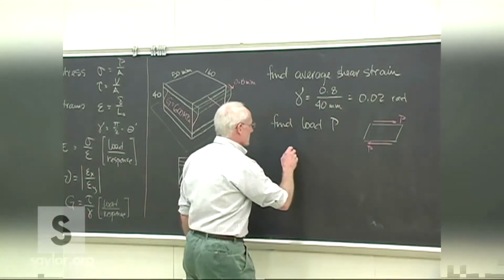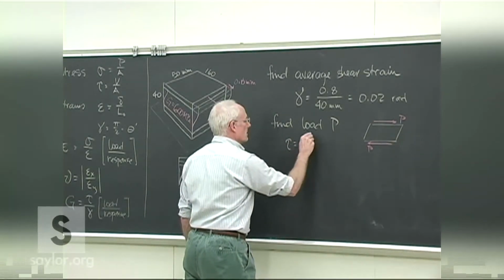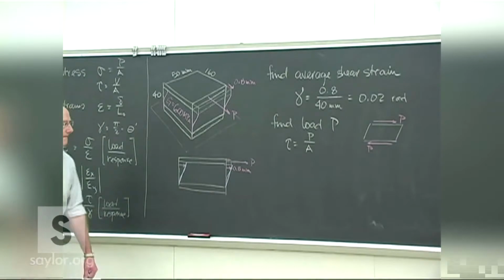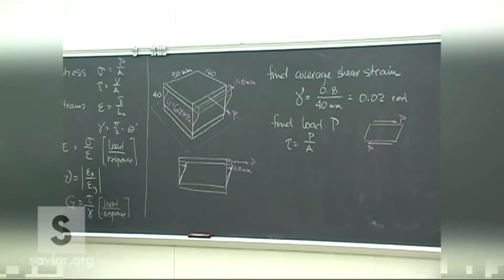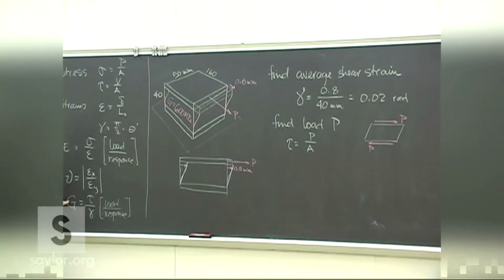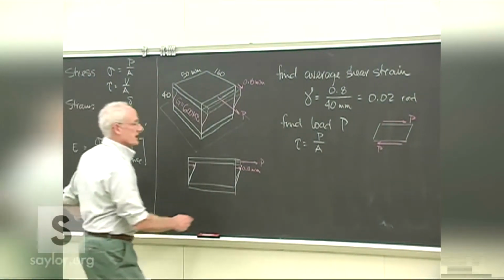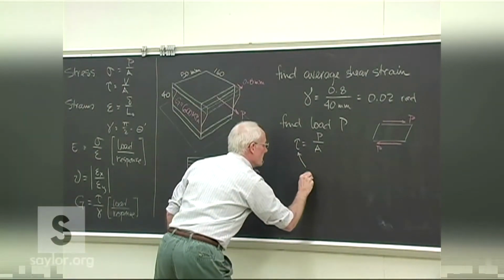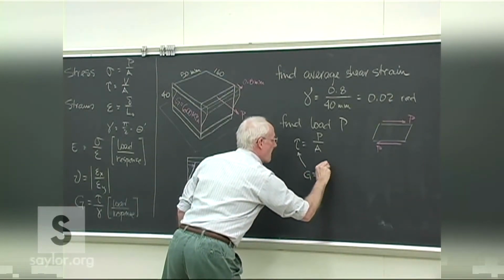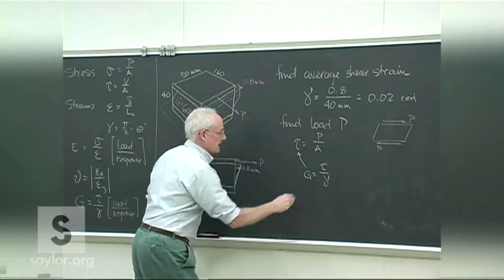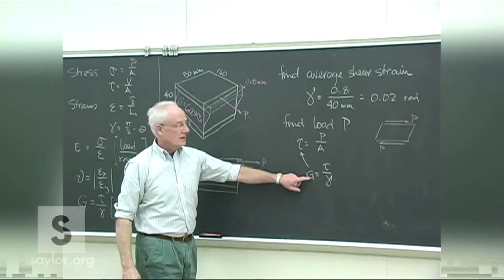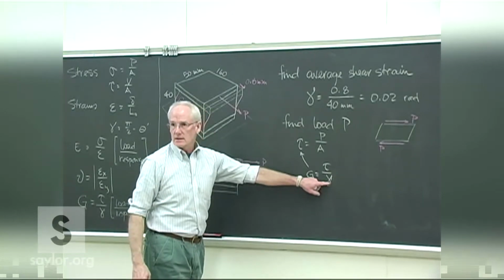So the shear must be that load over the area that's absorbing it. We can find that because we know the modulus of rigidity. So that will come from the fact that we've been given G. We just calculated the strain.